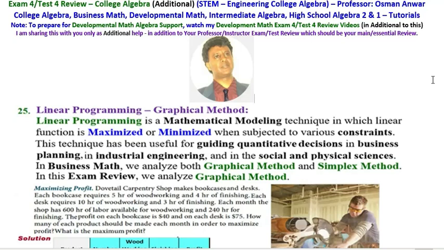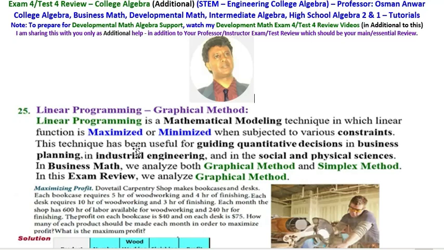Number 25 is linear programming, graphic method. Linear programming is a mathematical modeling technique in which a linear function is maximized or minimized when subjected to various constraints.